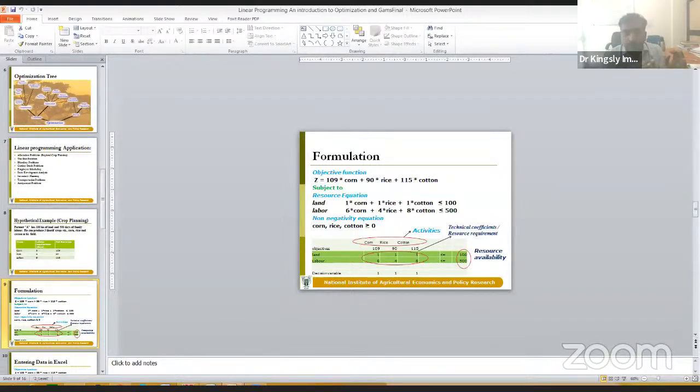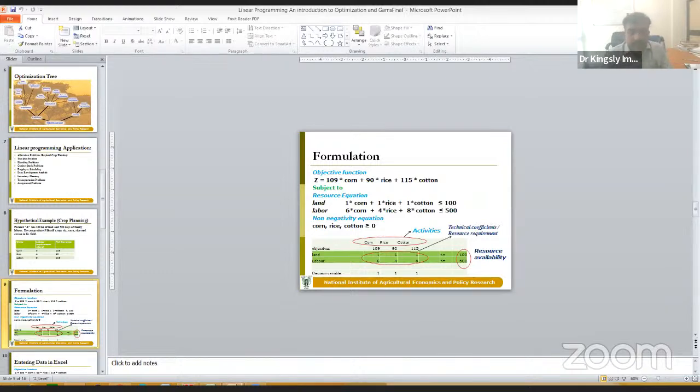So only one resource, labor, is remaining. Six is the labor requirement to produce a hectare of corn.